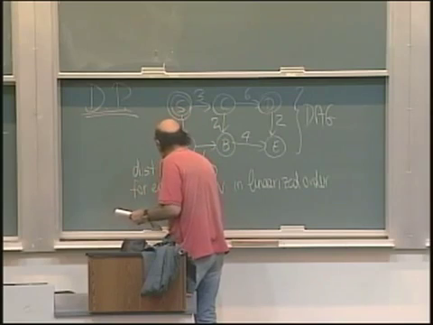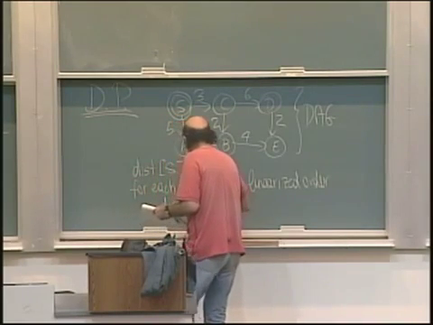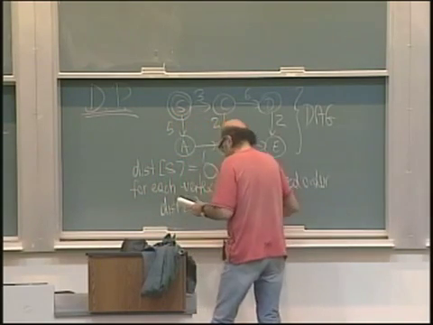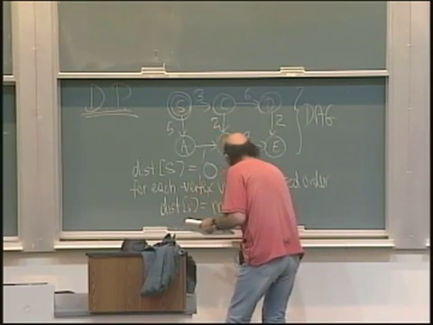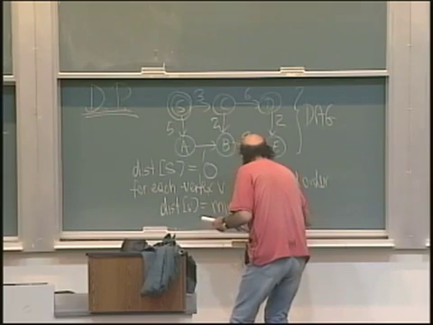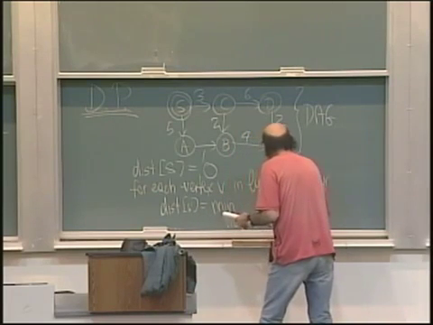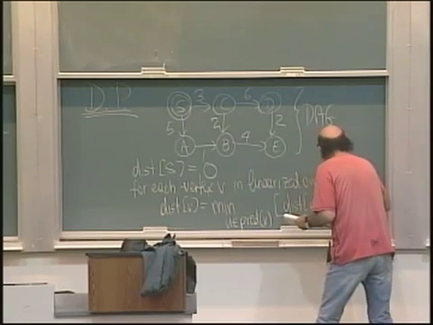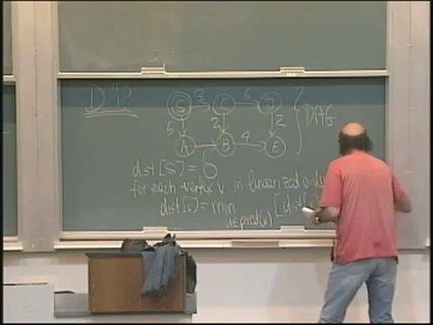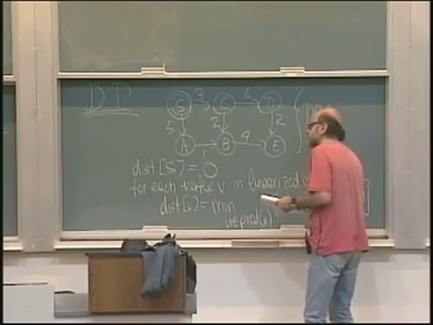dist of V is the minimum over all predecessors U of V of dist of U plus the length of UV.